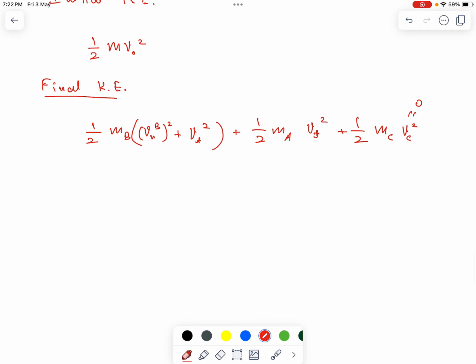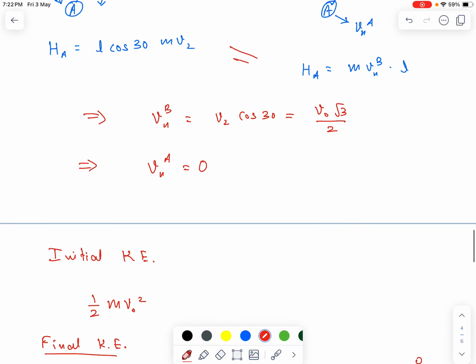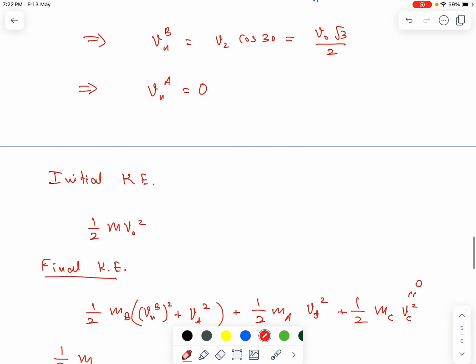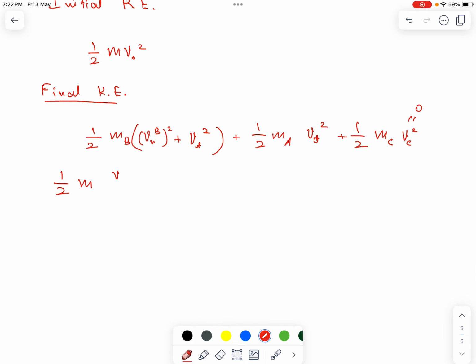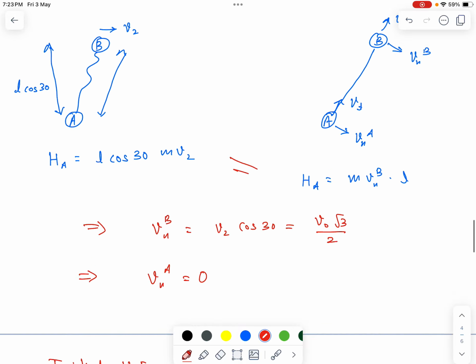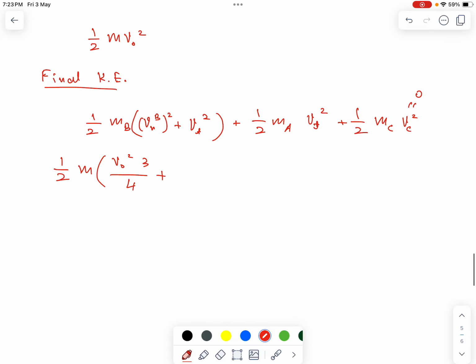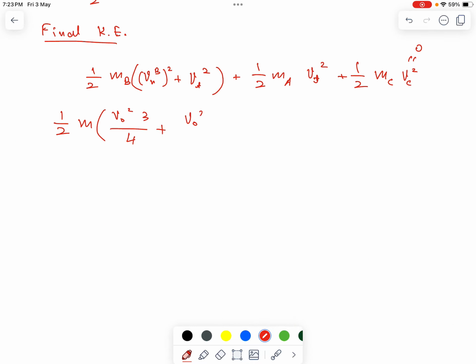When you write these expressions, you will get half m, and Vnb becomes V0 root 3 by 2, so it becomes V0 square 3 by 4, plus Vt becomes V0 by 4, so you will get V0 square by 16, plus half m V0 square by 16.